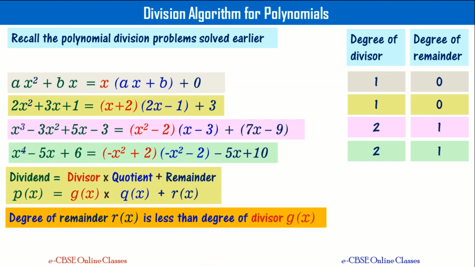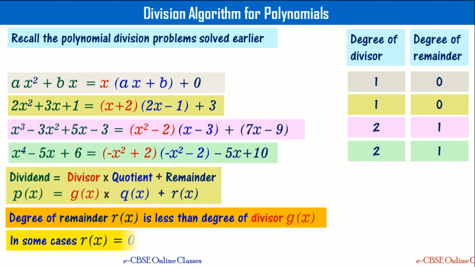That's exactly the division algorithm for polynomials. The degree of the remainder r of x is less than the degree of the divisor, and in some cases the remainder itself is also 0.